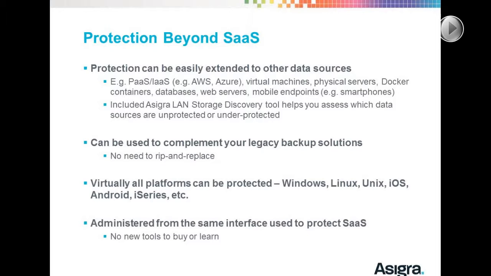Asigra Cloud Backup is platform independent in that it protects virtually all platforms. So anything running on Windows, Linux, Unix, iOS, Android, even things like I series can be protected. And as I said, it's administered from the same interface.